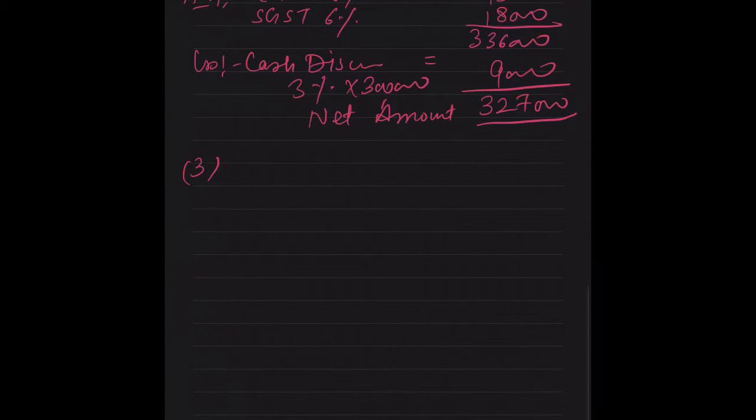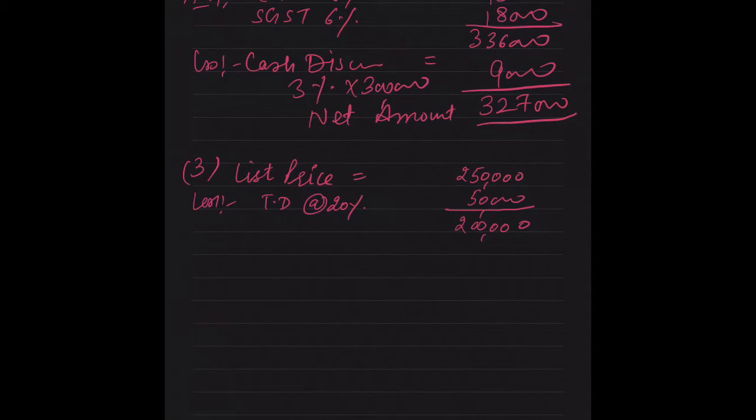Now the third note, solved with the same procedure. The list price is 2,50,000 and first of all we deduct the trade discount of 20% on 2,50,000. The trade discount will be 50,000.